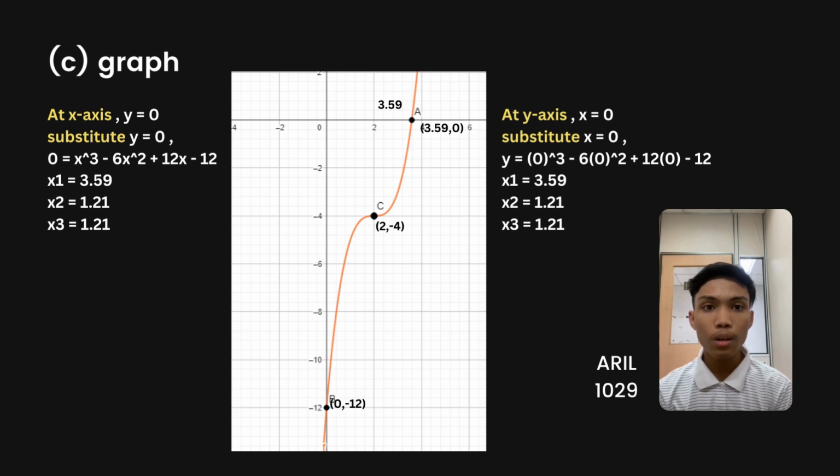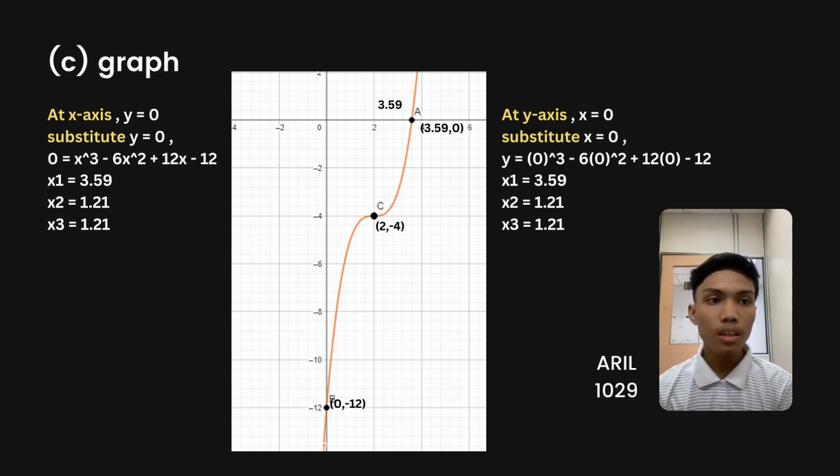3 values of x. So, the first x is 3.59, the second x is 1.21, and the third x is 1.21. So at y-axis, x equals 0. Substitute x equals 0. So y equals 0 power of 3 minus 6 times 0 power of 2 plus 12 times 0 minus 12.